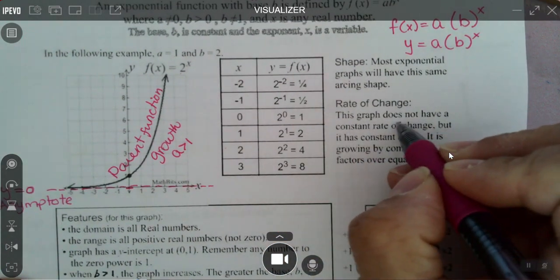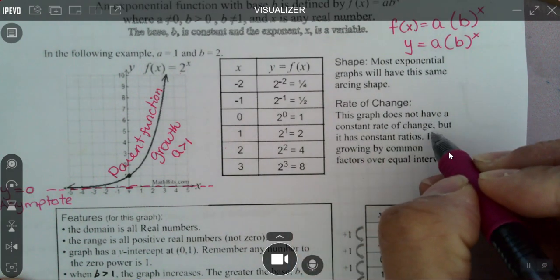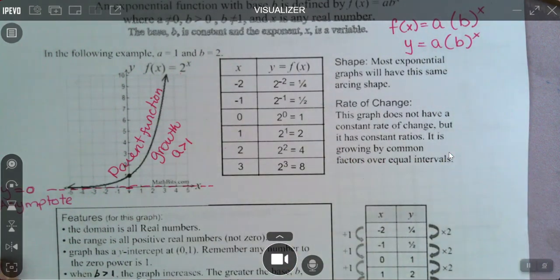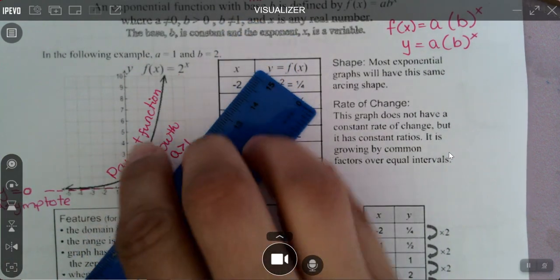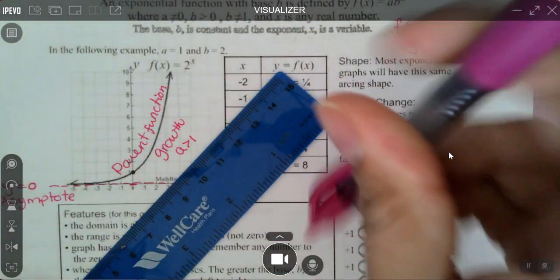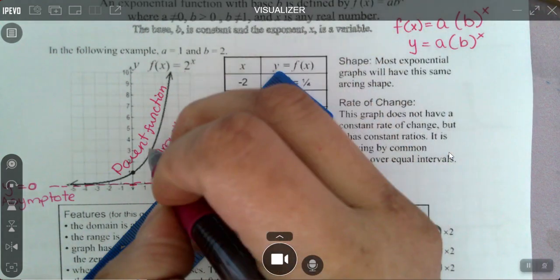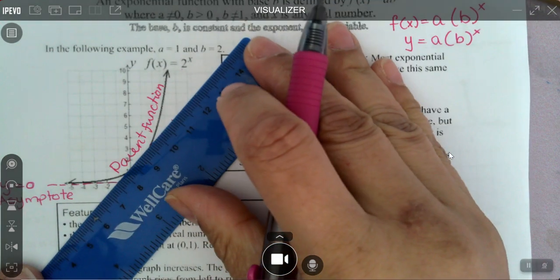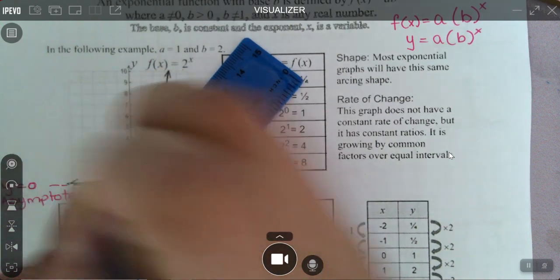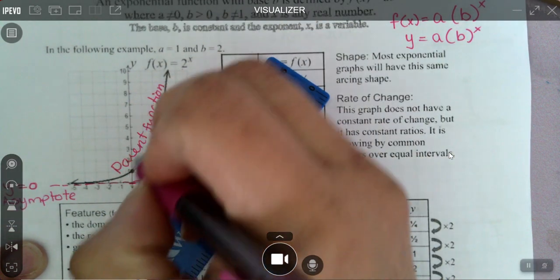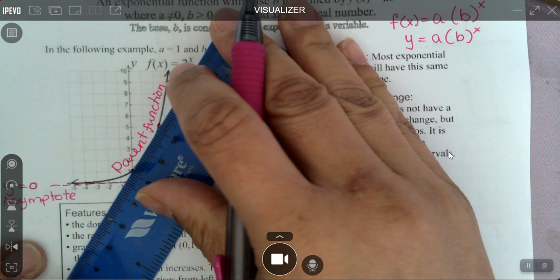This graph does not have a constant rate of change. So if I were to try to draw a line, you see if I connect this point and this point right here, do y'all see the slope that it makes? Yes or no? But if I try to connect this one with this point, does it have the same slope?